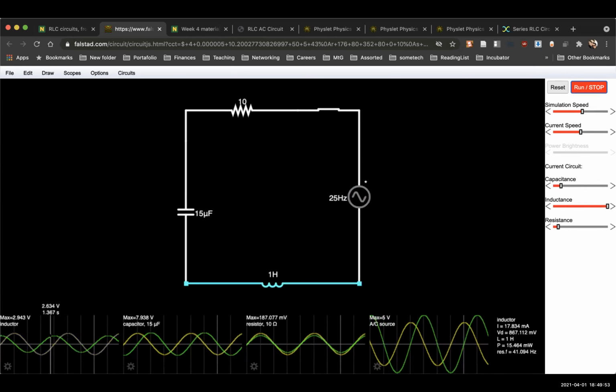We note that at any given time, 1.37 seconds, the potential difference across the capacitor and the inductor are out of phase, 180 degrees. At the same instant, the capacitor voltage has a minimum, a negative maximum, I suppose.